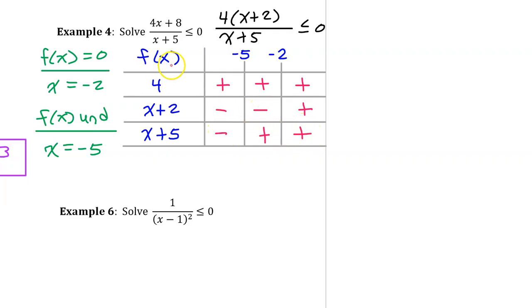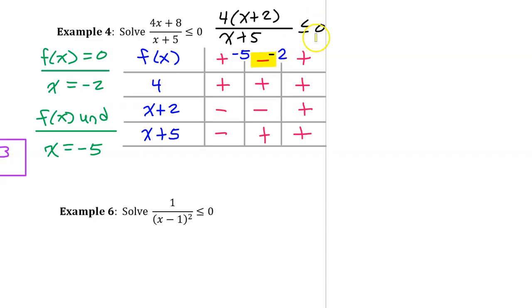The overall sign of f of x will be positive in the first interval because of the even number of negatives, and it will be negative in the middle interval because of the odd number of negatives, and positive in the last interval. We are looking for the values of x that will cause f of x to be less than or equal to 0. So the solutions will be in the interval where f of x is negative.